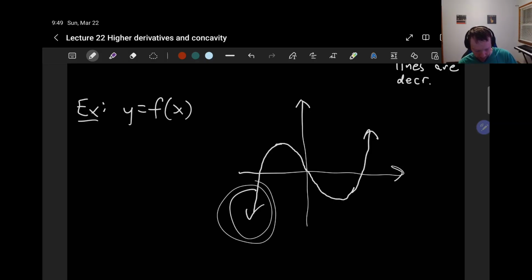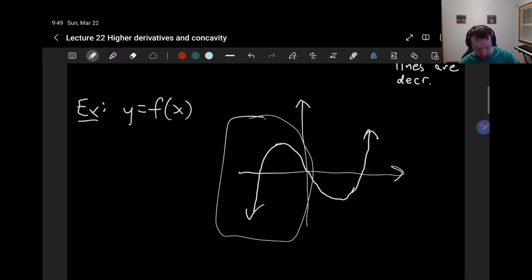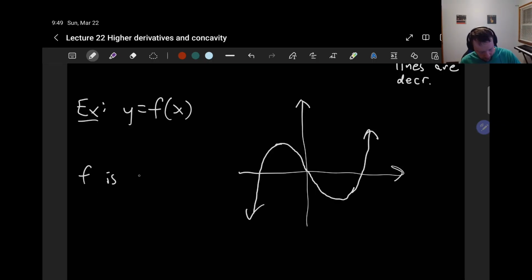Right, it's very sharply positive down here, but then it flattens up here and then becomes negative on this side. So on this left half of the graph, we're concave down. So f is concave down on the interval from negative infinity to 0. And we just stick with open intervals.